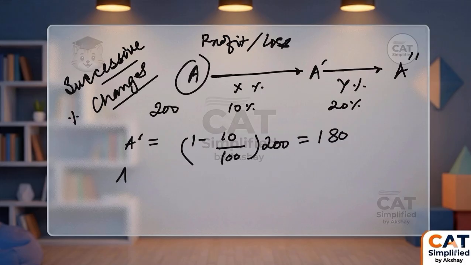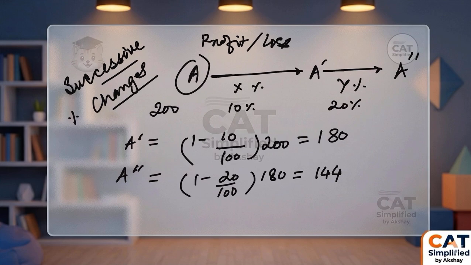And then A double dash is equal to 1 minus 20% of 180, which is again 80% of 180, which is 144. If I really have to calculate the delta, it is 200 minus 144, which is equal to 56.